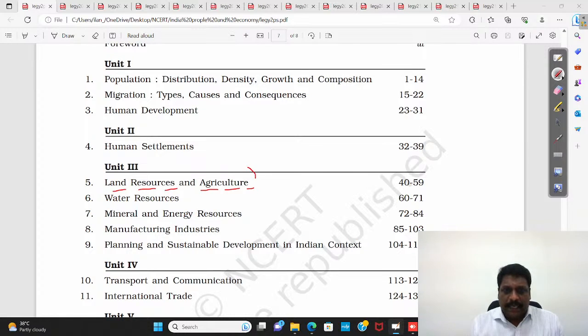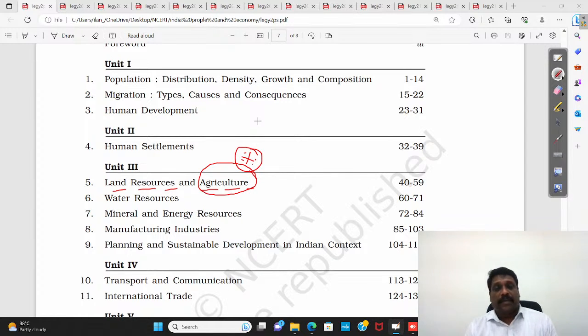And let me tell you, my dear friends, agriculture is a very, very important topic. But unfortunately, the information we have in NCERT may not be sufficient for examination. For agriculture alone, forget about the land resource, the very important crops. Questions most of the time revolve around only a few crops.